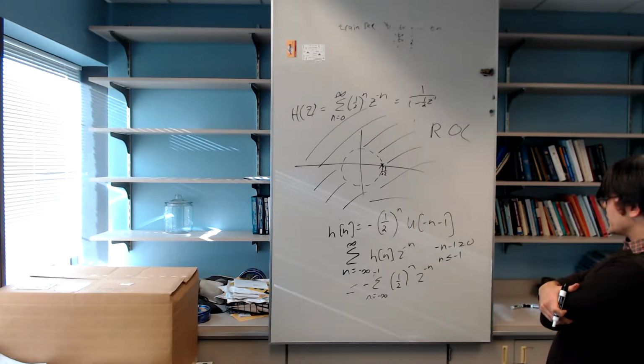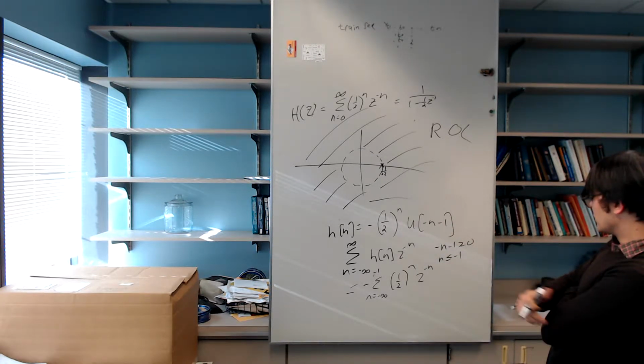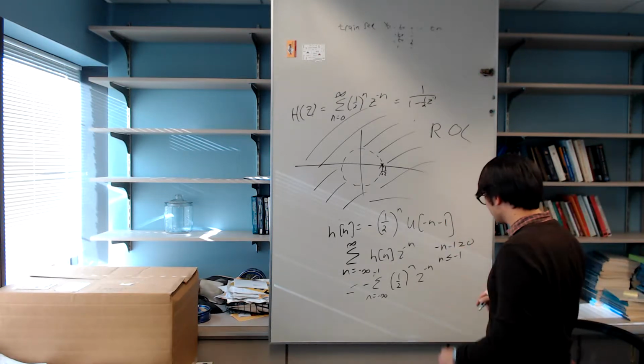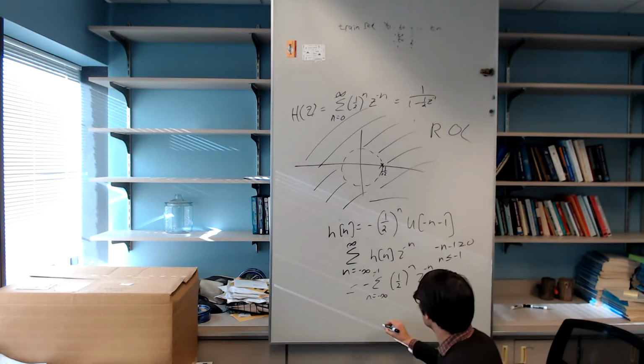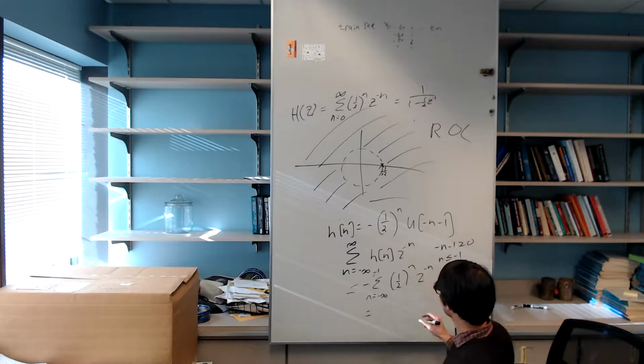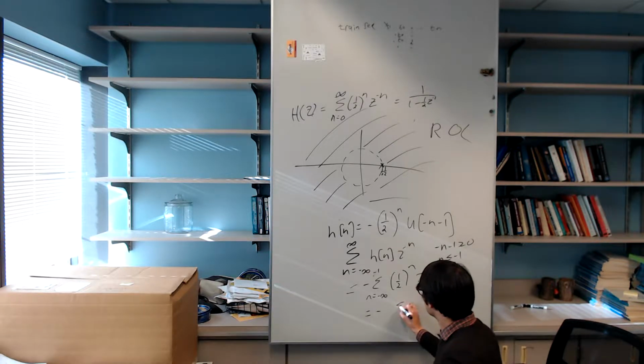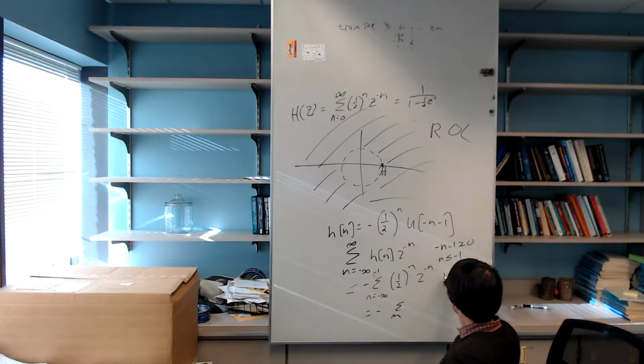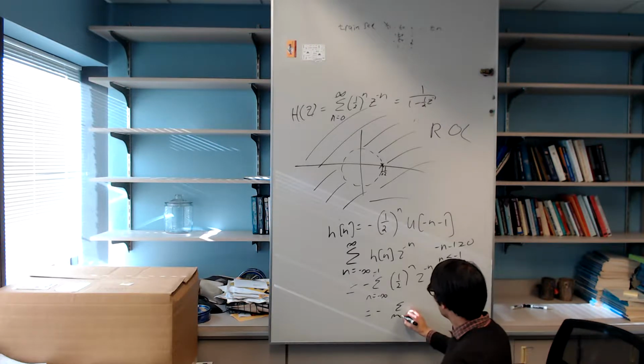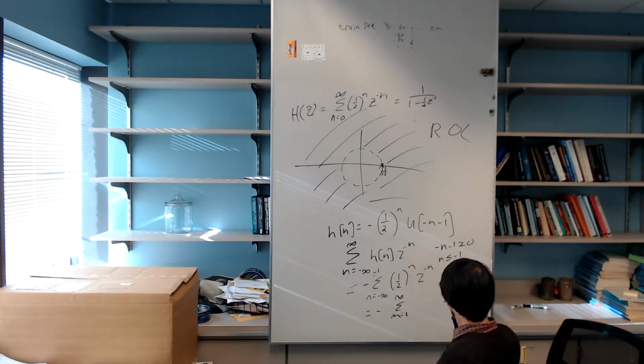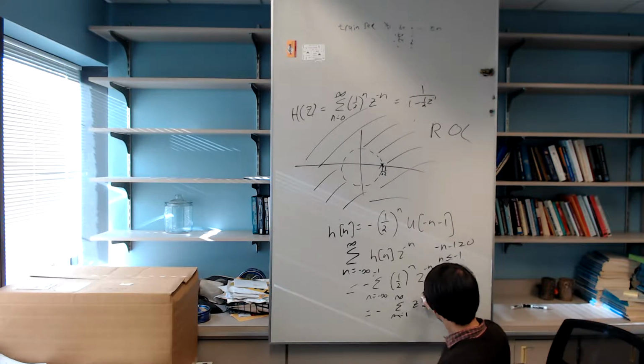And then if we do a bit of futzing around with this sort of thing, we can do a change of variables up in here. And so we're going to say, oh, well, this thing is actually equal to the sum, if we let n is equal to negative m, from m equals 1 to infinity, of z times 1/2 to the m.